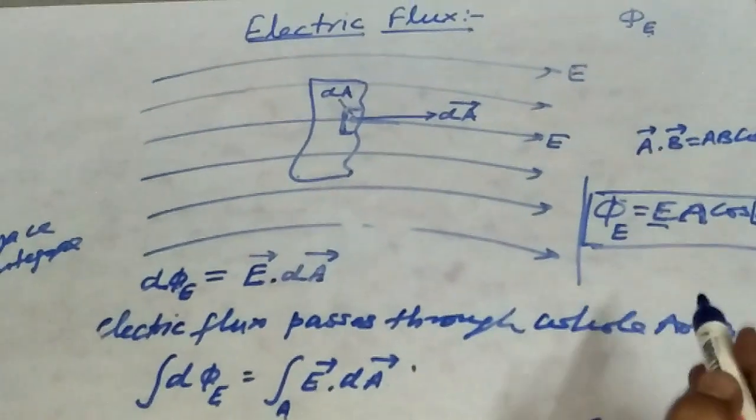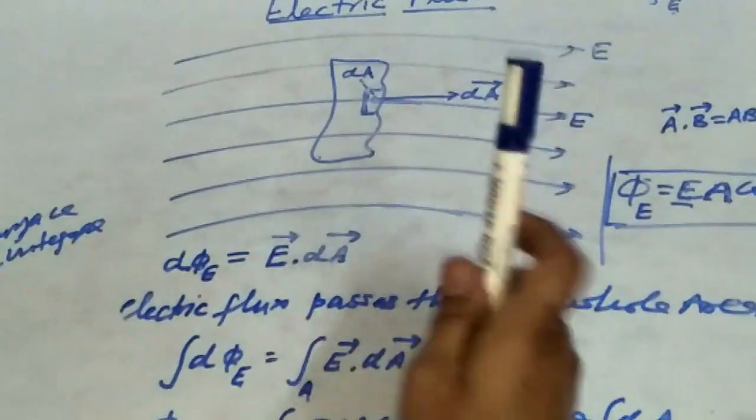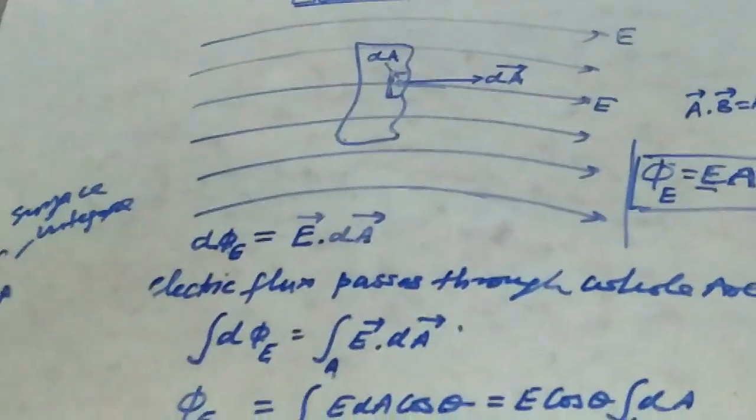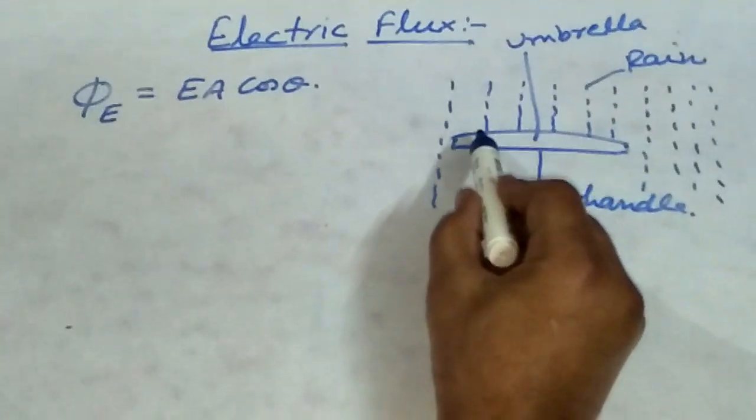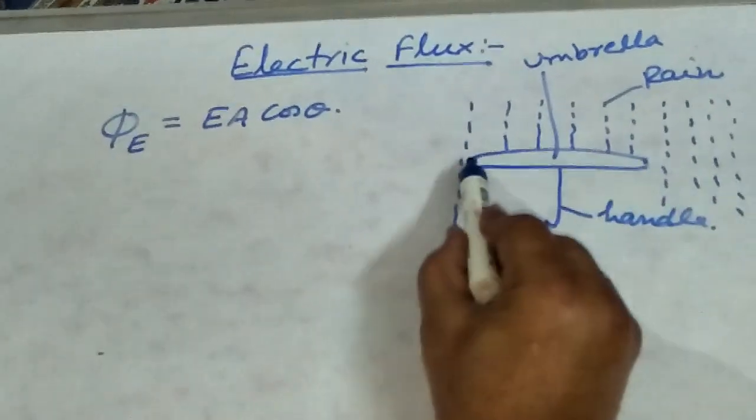Suppose you can also take the example of an umbrella. If you take one umbrella, dear student, you can also understand electric flux with the help of this easy example.